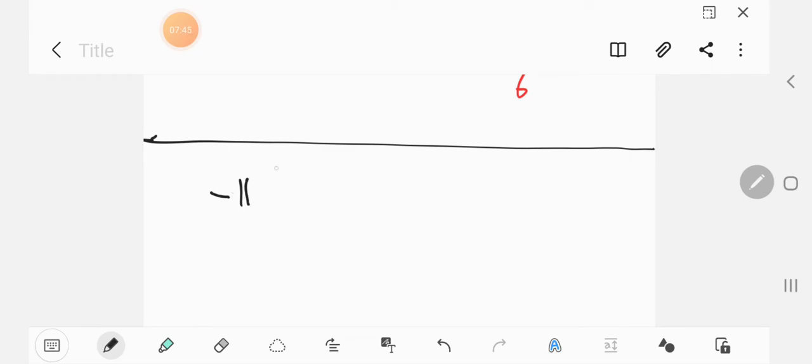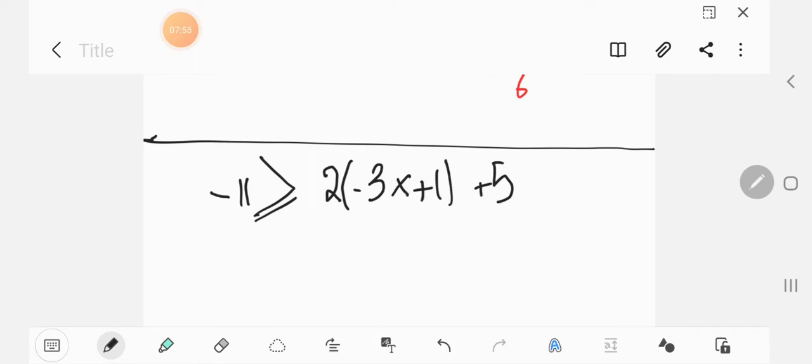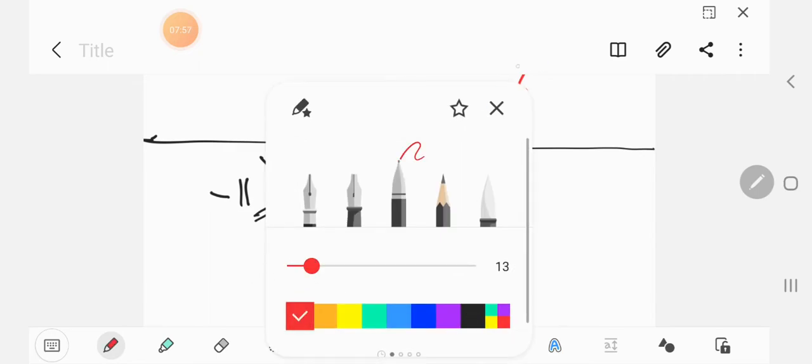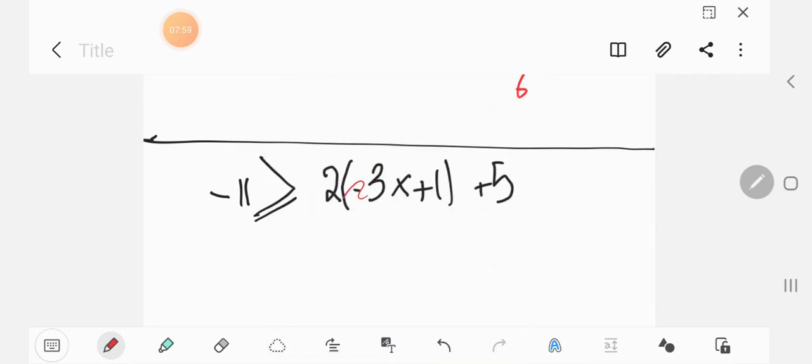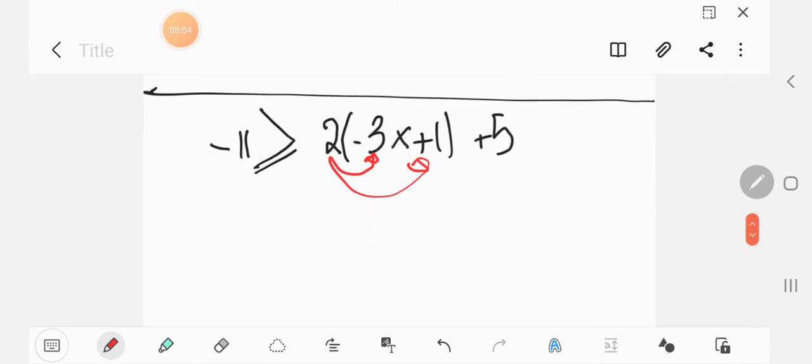Negative 11 is greater than or equal to negative 3x plus 1 plus 5. Again, don't forget it's called the distributive property. 2 will be multiplied by the 2 terms inside the bracket. 2 multiply 3 will be negative 6. 2 multiply 1 will be 2.